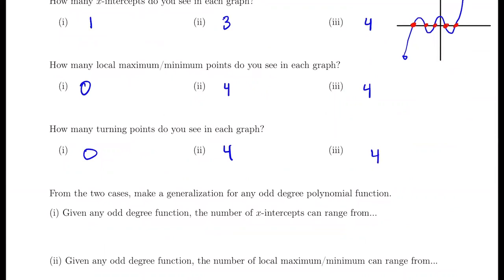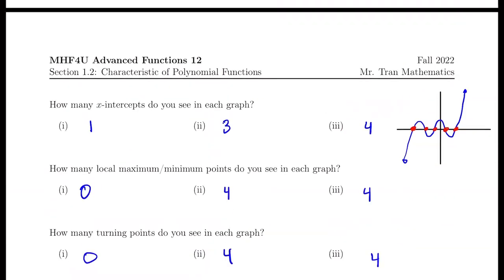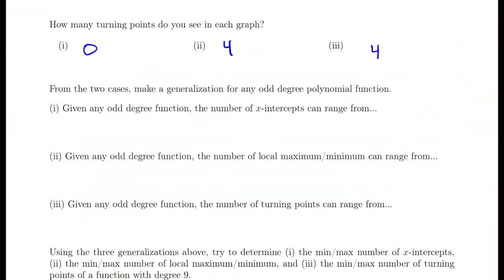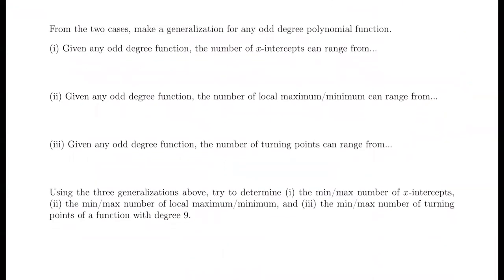All right. So we have the 3 functions given, or the values given. So we know that based on what we have observed, the values can range between specific ranges. So let's make a couple of generalizations for odd degree polynomial functions. Let's say that we're given any odd degree polynomial function.